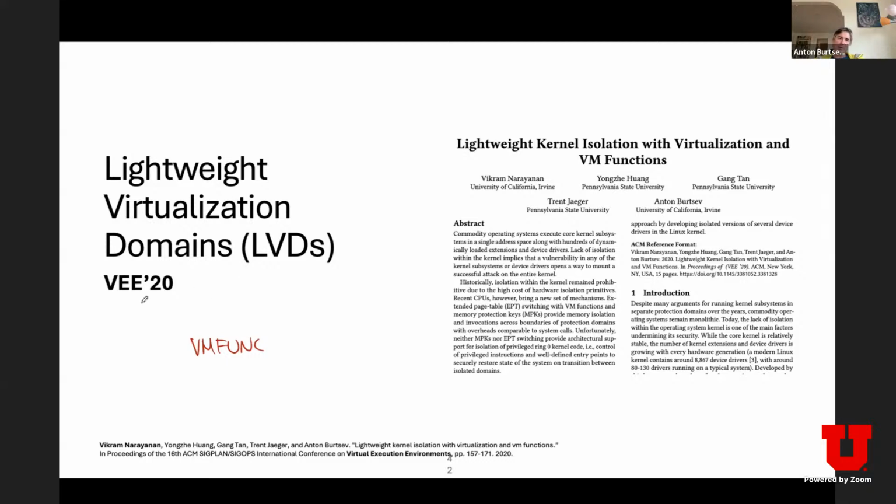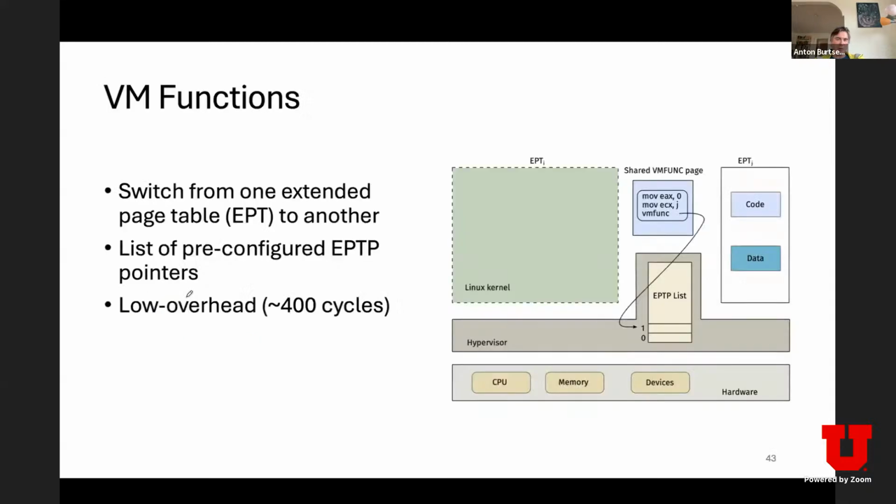It was available probably in 2015, but we built a paper in 2020. What we were doing here is that I didn't explain this isolation mechanism earlier, right? So it's a brand new one. We talked about Intel MPK. Intel VM func is a similar mechanism, but built around the extended page table.